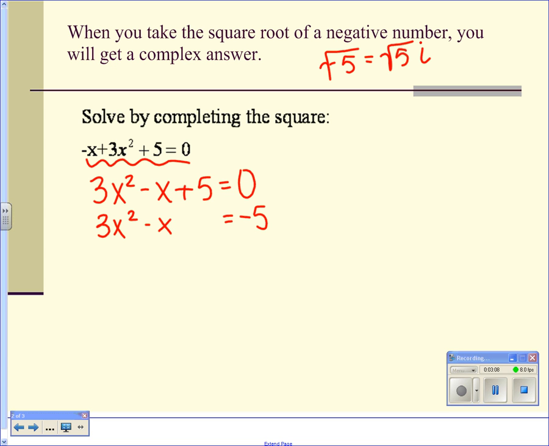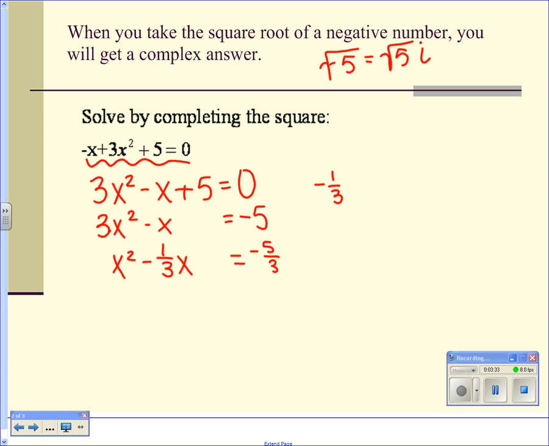Divide by 3 first. For each one. What is the number here? So 1 divided by 3. And then -5 divided by 3. Y'all remember that part? Okay, so that's the thing you subtract.